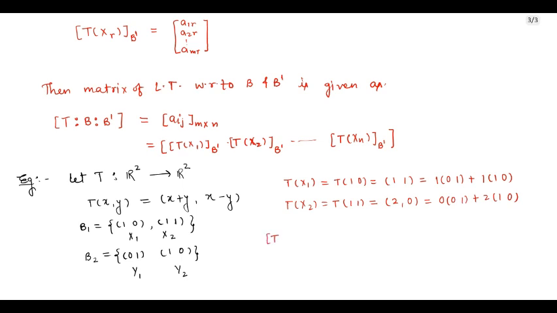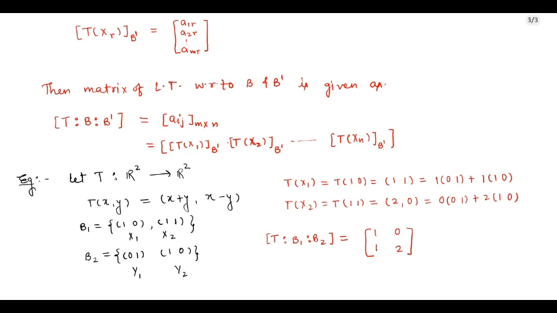So hence the matrix of T with respect to B1, B2 is, now you write the columns: the coordinates of T of x1 are (1, 1) and the coordinates of T of x2 are (0, 2). So this is the matrix. This is the required matrix, or not?